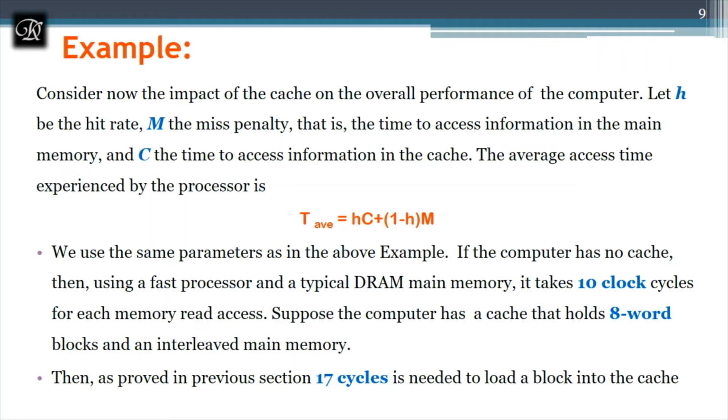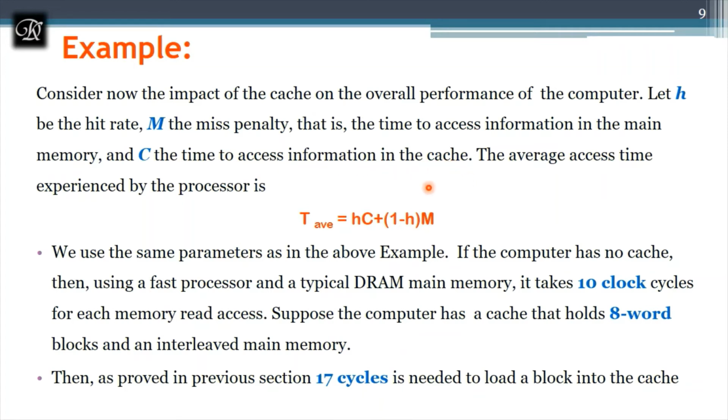Consider now the impact of the cache on the overall performance of the computer. Let H be the hit rate, M be the miss penalty, that is the time to access information in the main memory, and C is the time to access the information in the cache.